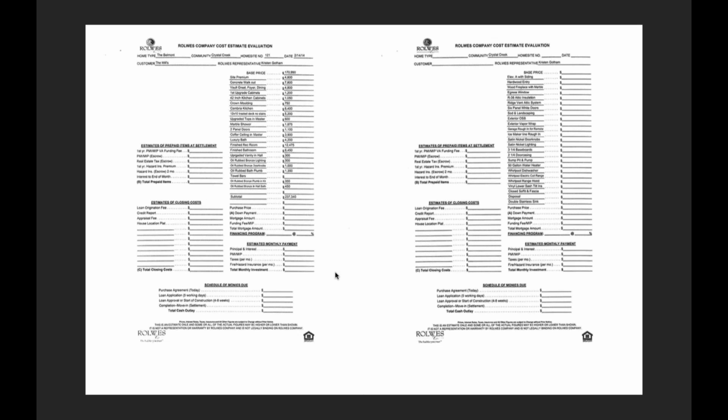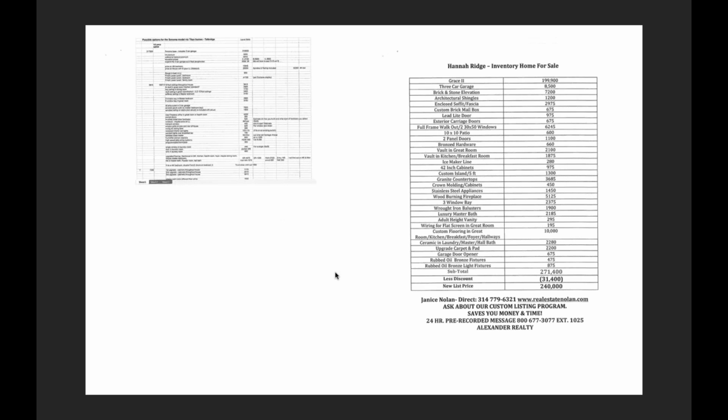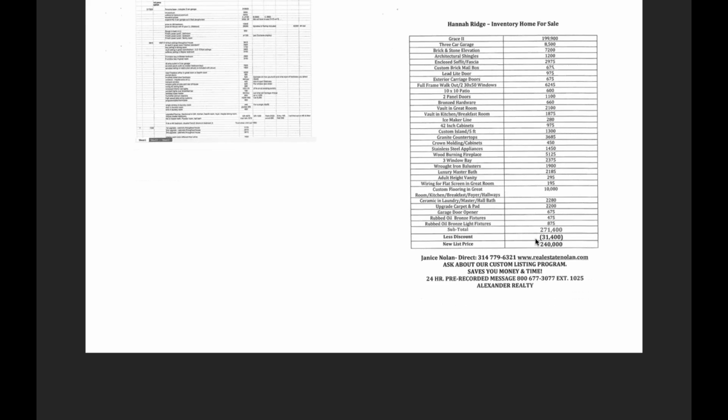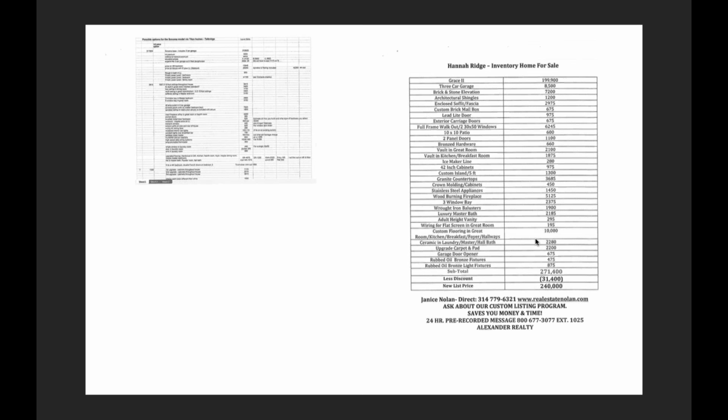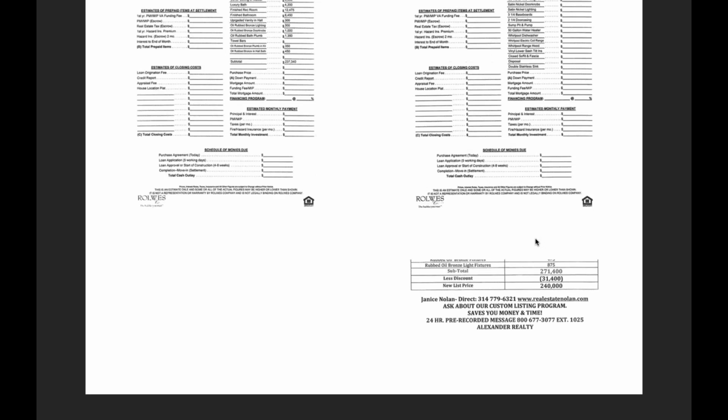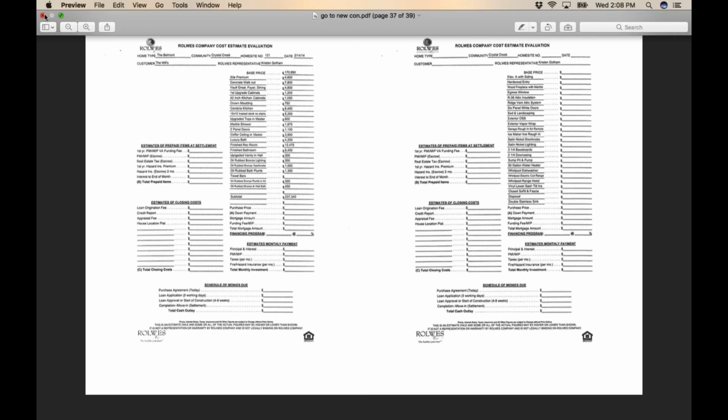Here's a cost estimate evaluation for Rouse. This is an inventory breakdown sheet, kind of give you an idea of some different pricing and some different funds like that. Now I'm hopefully going to go back and look and see if I have any questions throughout this, if I can get back to that.